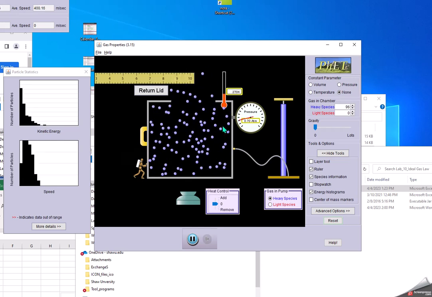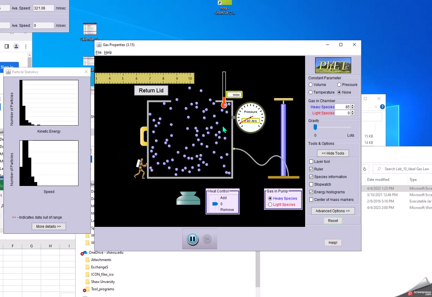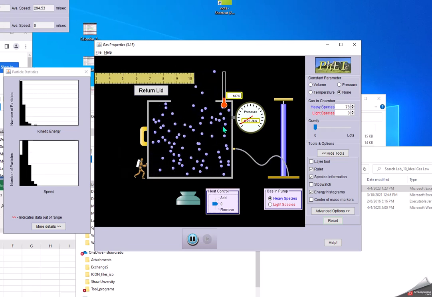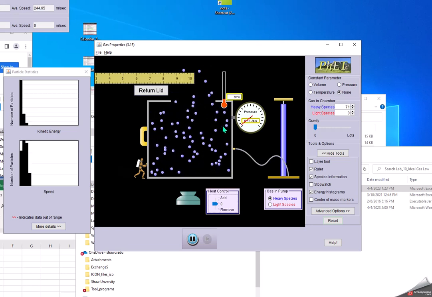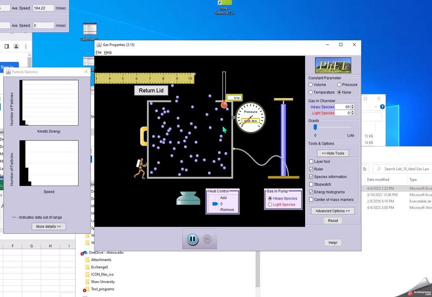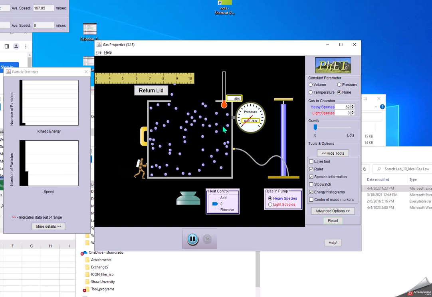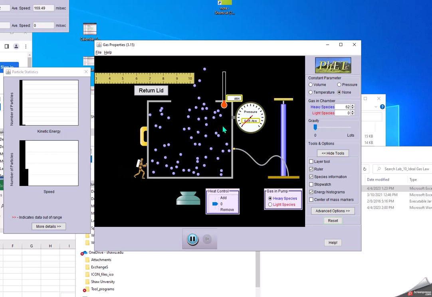So the point here, the moral here, is to see what the origin or mechanism of the pressure is in an ideal gas equation. Pressure versus volume, volume versus temperature, temperature versus pressure, how they change. All three of these relations, or actually six relations, are covered in this equation.